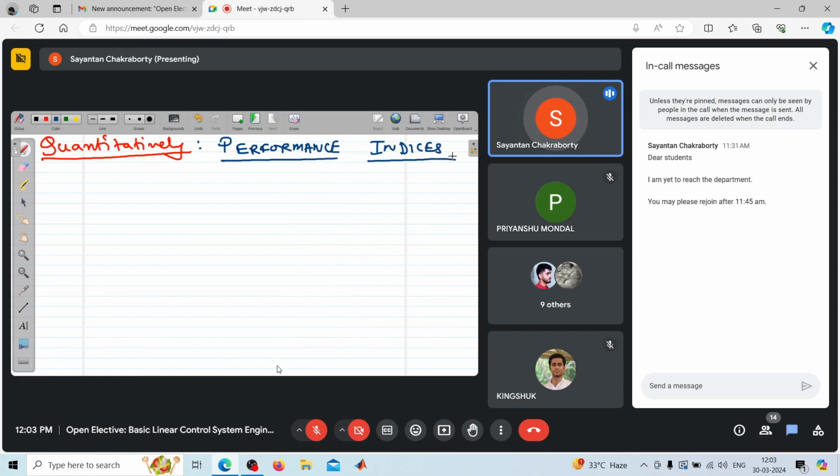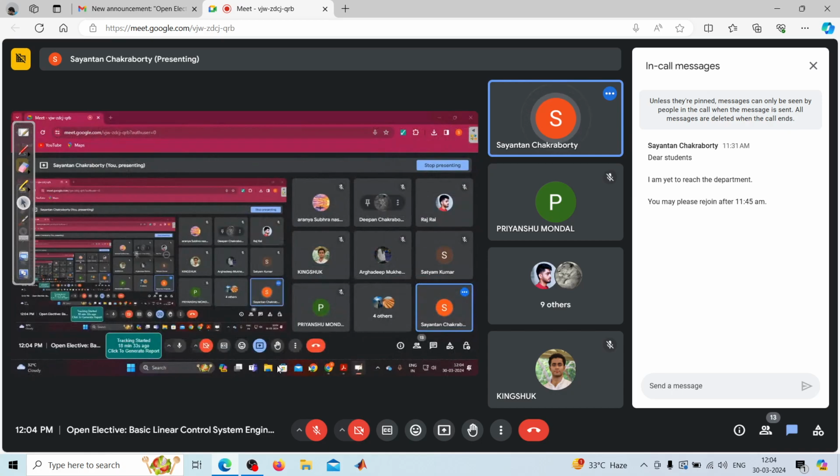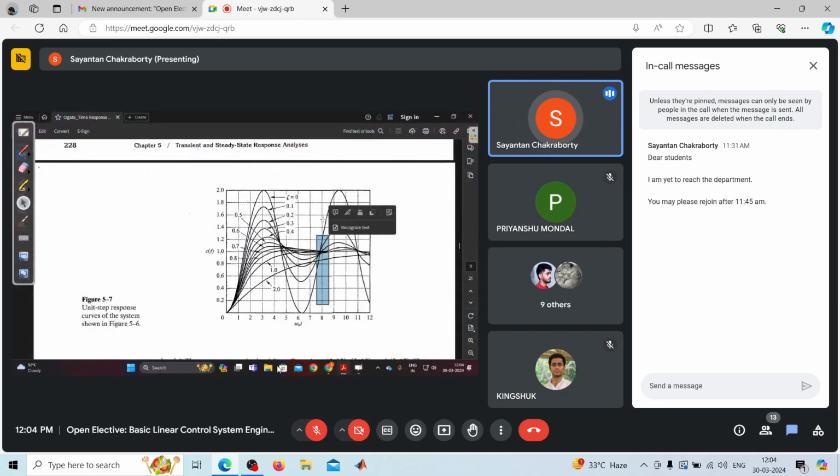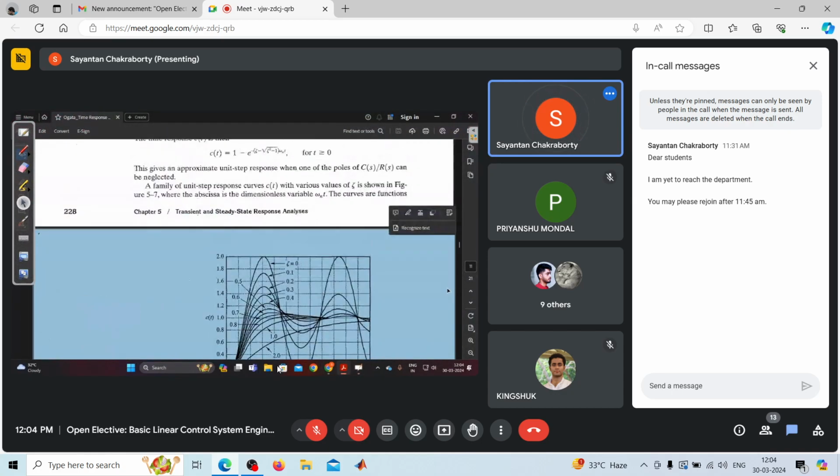And these performance indices characterize the step response of a given system. Now, what are these performance indices? Let me copy a figure first, because otherwise, if I try to draw it, it takes a lot of time.